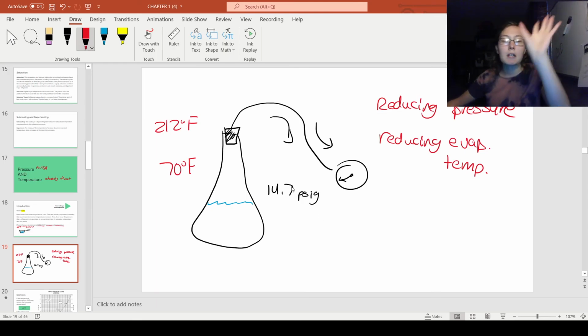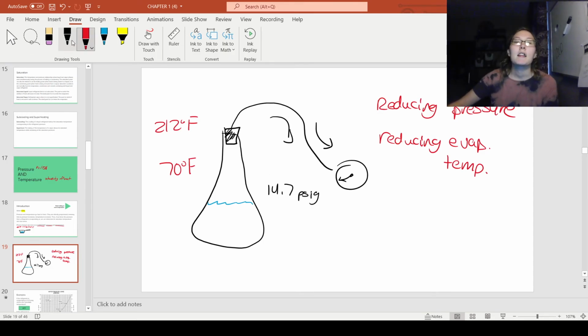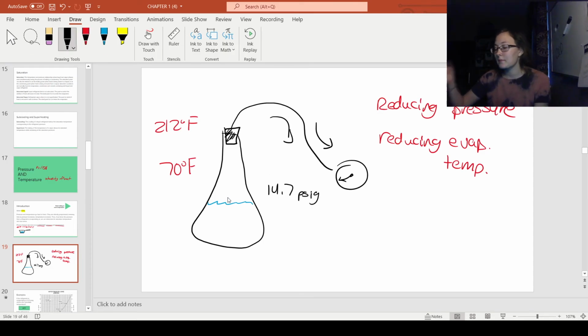Because instead of being at 14.7 psi, it is at, I don't know what, I couldn't read the gauge. It was a real blurry video. But it is at a lower pressure.